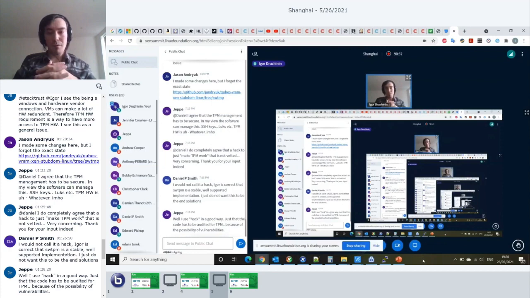Then another thing is the PPI support, the physical presence interface that KVM has and Xen doesn't have. The physical presence interface requires a special region of memory specially designated for storing a TPM command by the operating system.